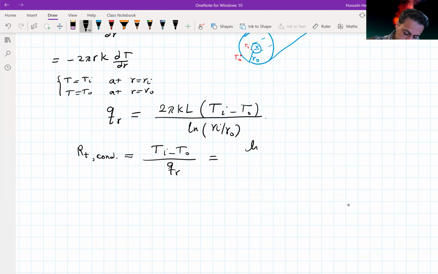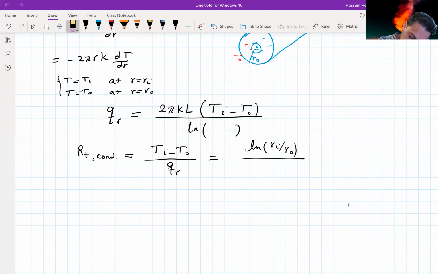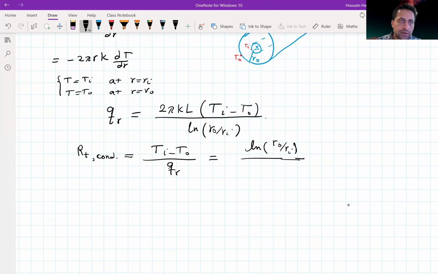And if we do the math, it's going to be natural log of Ro divided by Ri, divided by 2 pi k L, with the unit of Kelvin per watt.